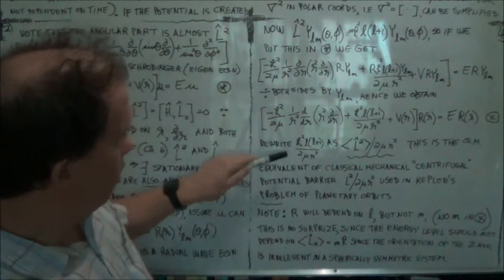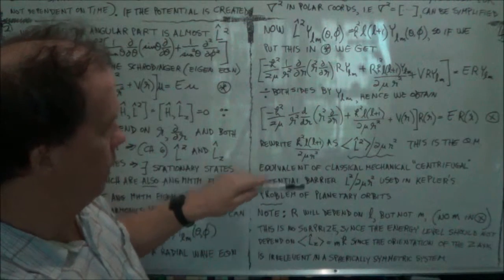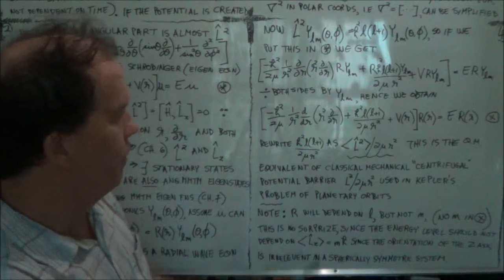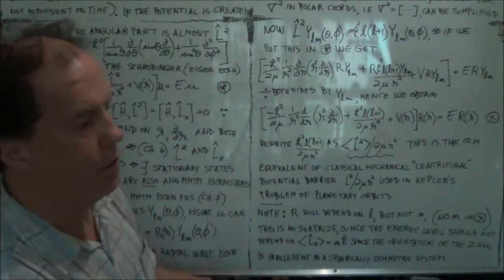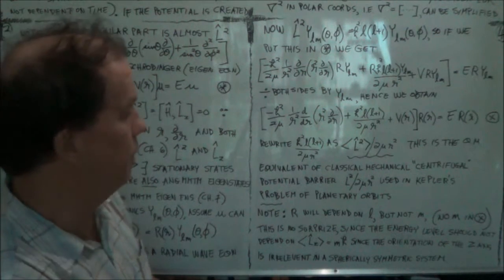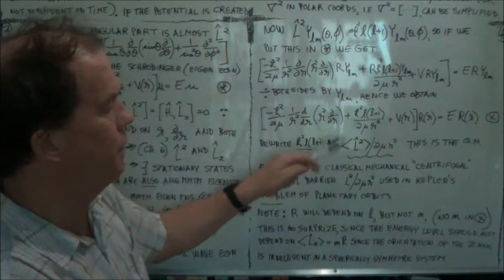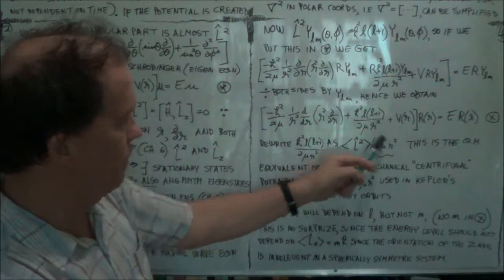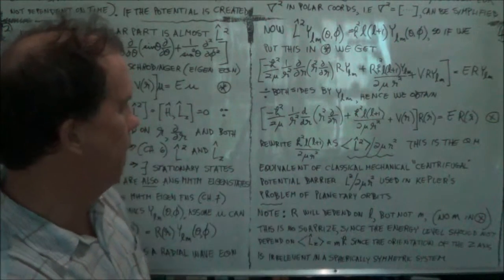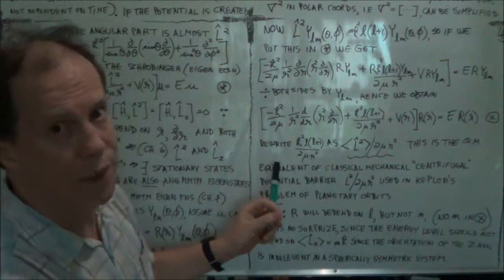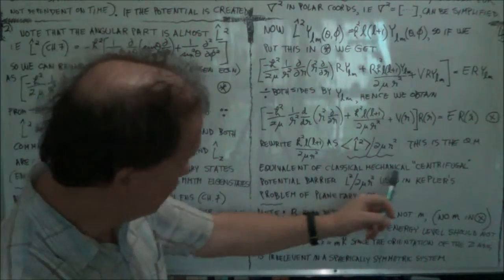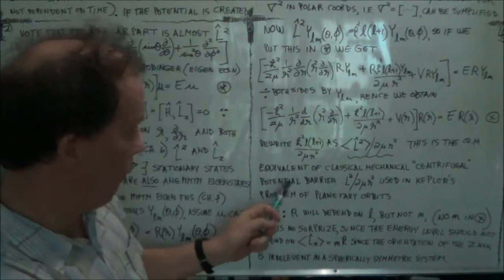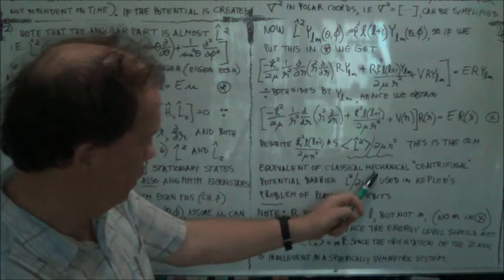Now, as a bit of a comment here, again, a reference to classical mechanics. If you haven't studied classical mechanics in detail, this will probably be meaningless. But if you have, this term here is the quantum mechanical equivalent of the classical mechanical centrifugal potential barrier, which is of this form.